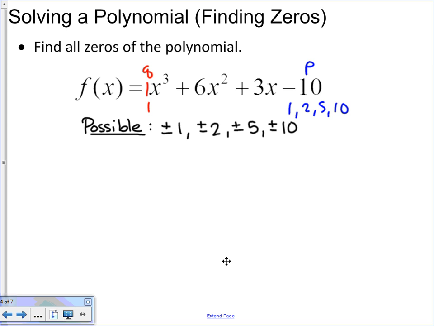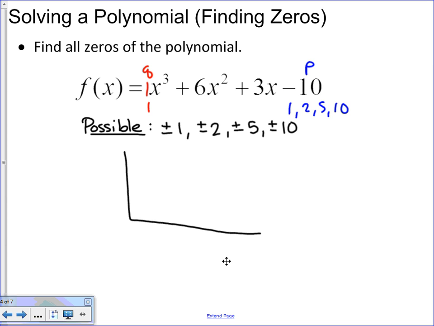And you only had 1 q, right? 1. And you're not writing the fractions q over p. Okay, so make sure you're going in the correct order. Now, this is saying, instead of checking any number that exists from -infinity to +infinity, narrow down your options for guessing to these 8.